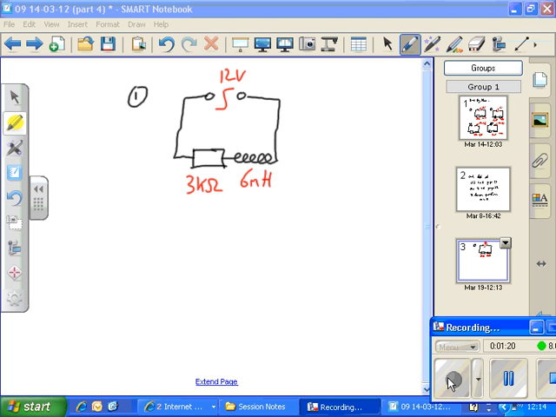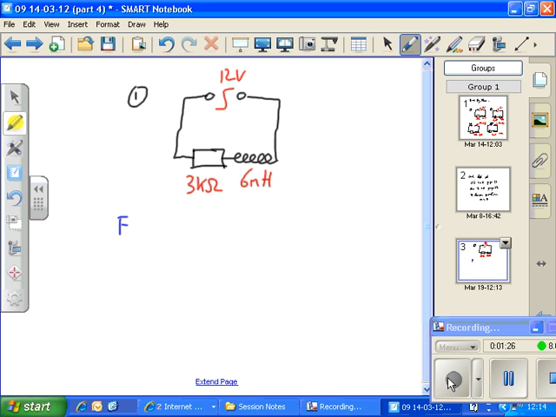So this will give us that ES, as it's a step voltage, is going to be just 12 over S, and ZS is going to equal the resistance, which is 3 kilo ohms, plus 6 millihenries is 0.006 S. So now we plug those into Ohm's law.